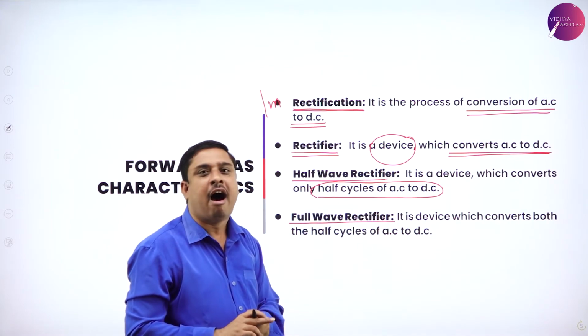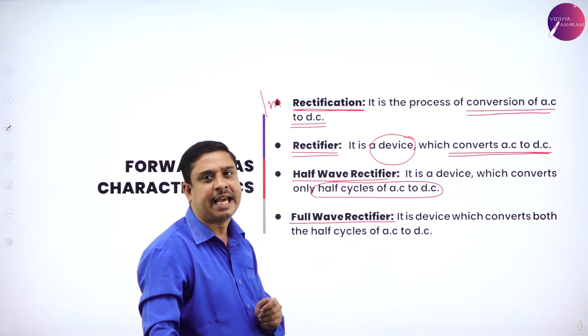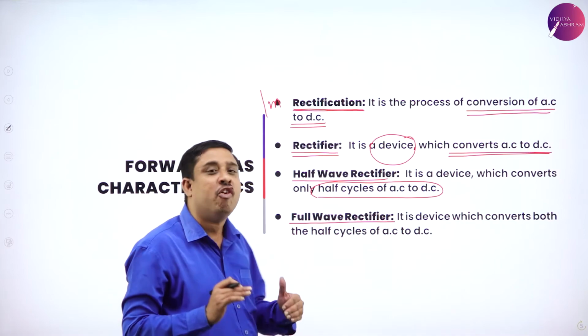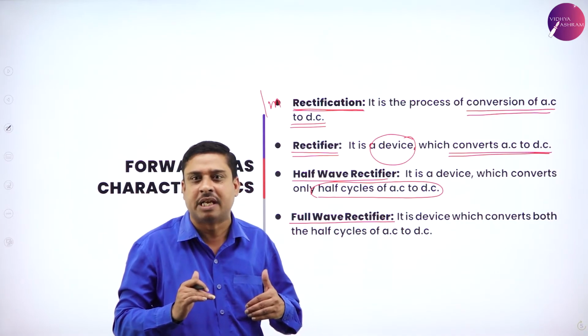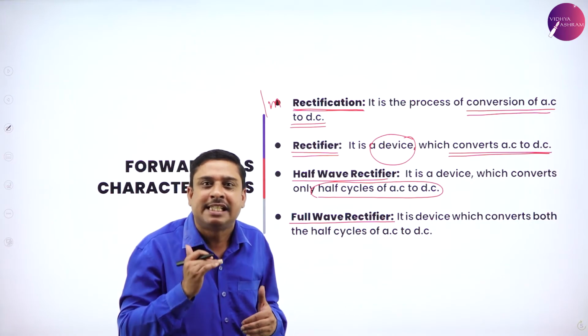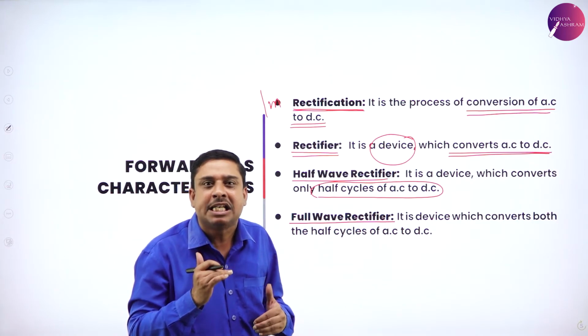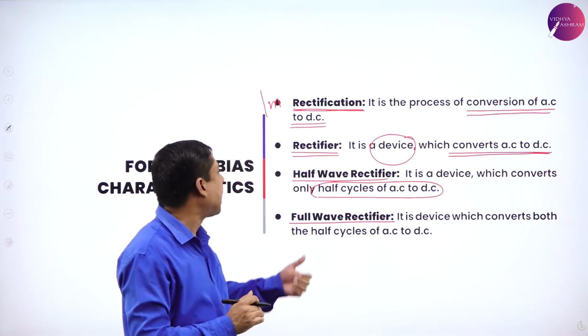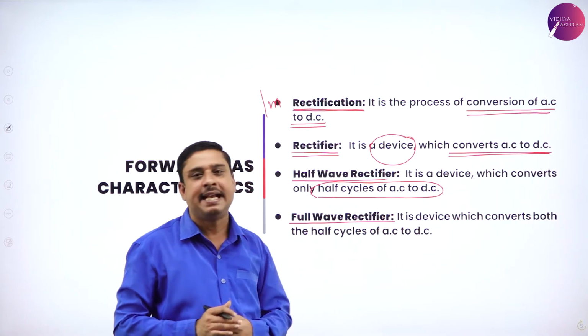That is called half wave rectification. And as the name itself says, in full wave rectification, both the cycles, positive half cycle as well as negative half cycle, are converted to DC.